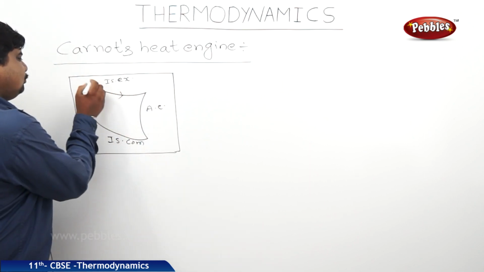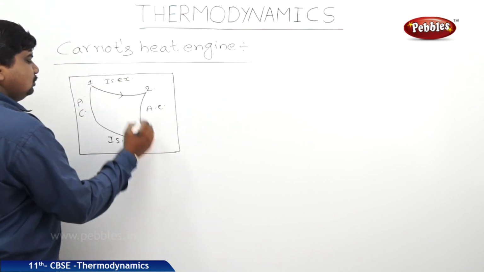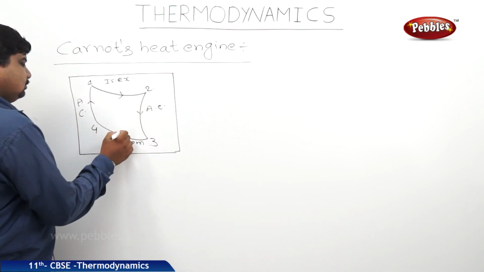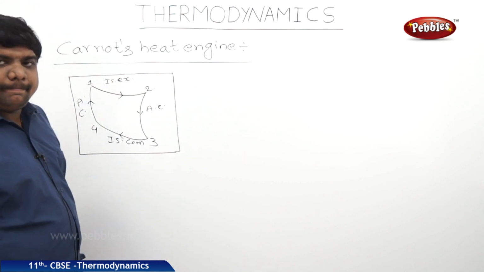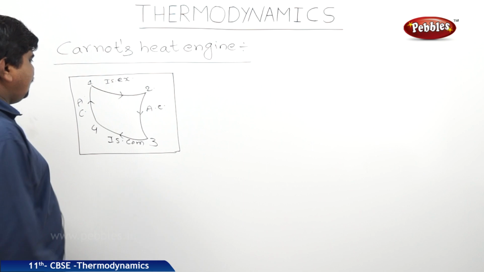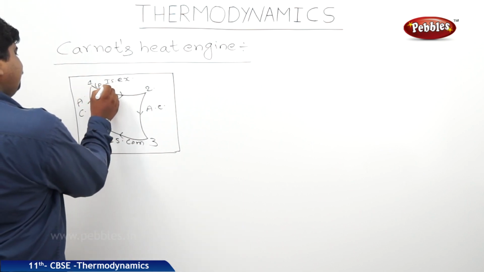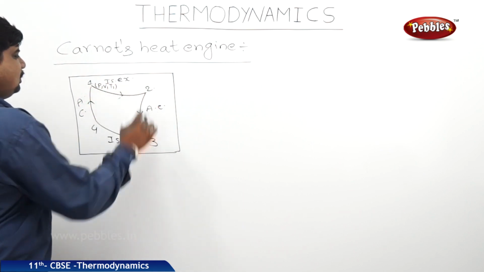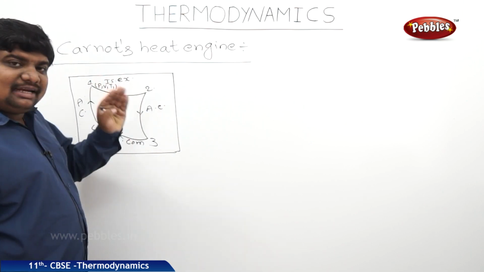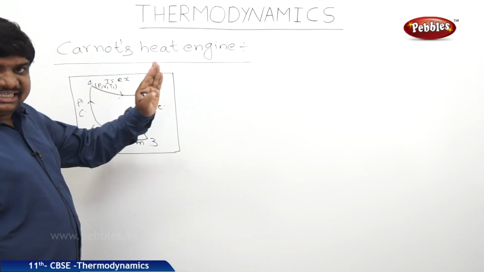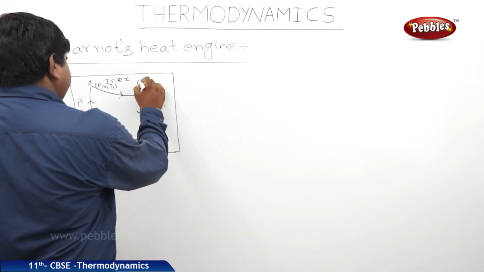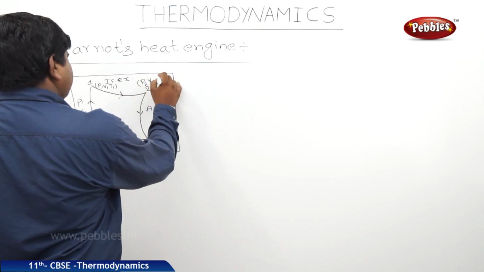So this is 1 to 2, 2 to 3, 3 to 4, 4 to 1. Between 1 to 2, the thermodynamic variables are P1, V1, T1, and this 1 to 2 is the isothermal expansion. Isothermal means temperature remains constant, P and V will change. Therefore, the thermodynamic variables at the second point will be P2, V2, T1.